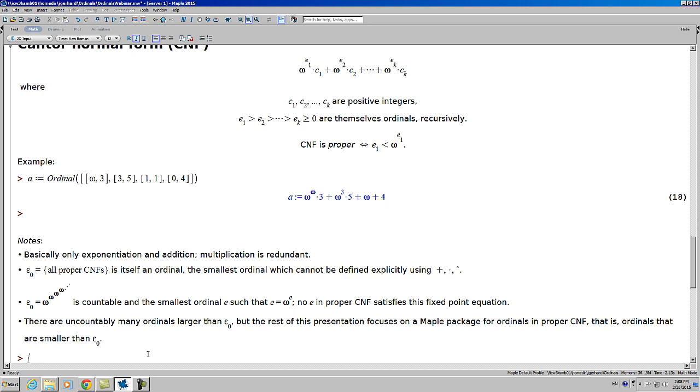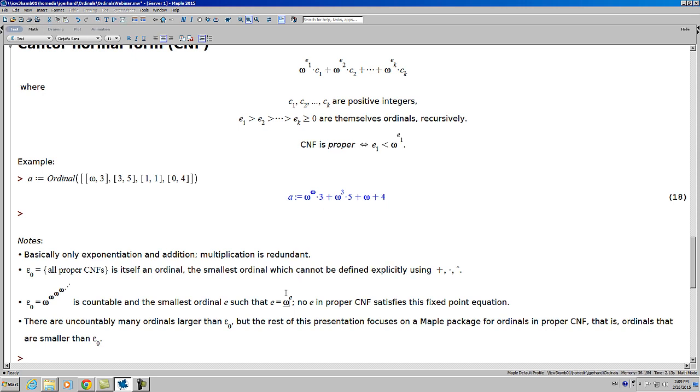But I could relax my representation here and allow some of the exponents to be equal, and then I wouldn't need any of the coefficients at all. So if I have omega to the e times 2, I could just replace that by omega to the e plus omega to the e. That would give me another version of the Cantor normal form, which shows that multiplication is not really required.